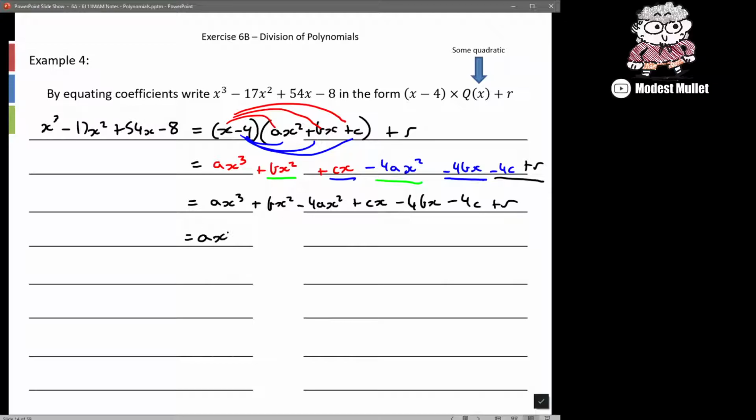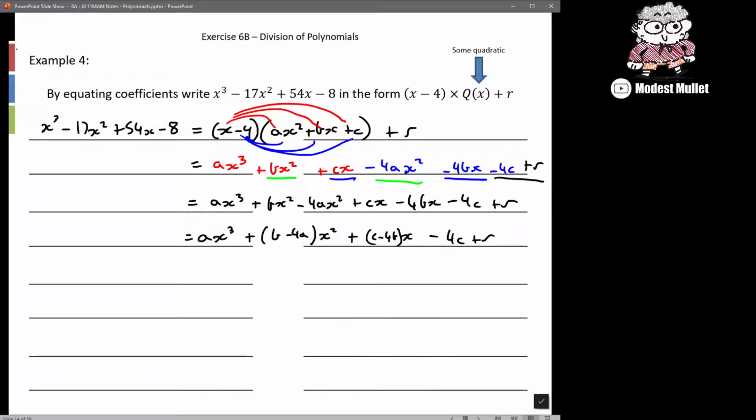Now I want to factorize those, so take the x squared out, I get b minus 4a. I take the x out, I get c minus 4b, and then the constants at the end.